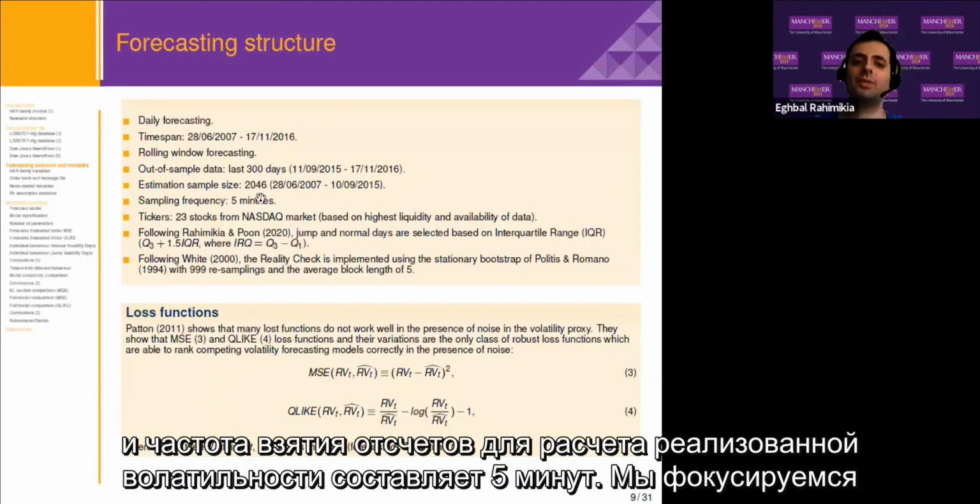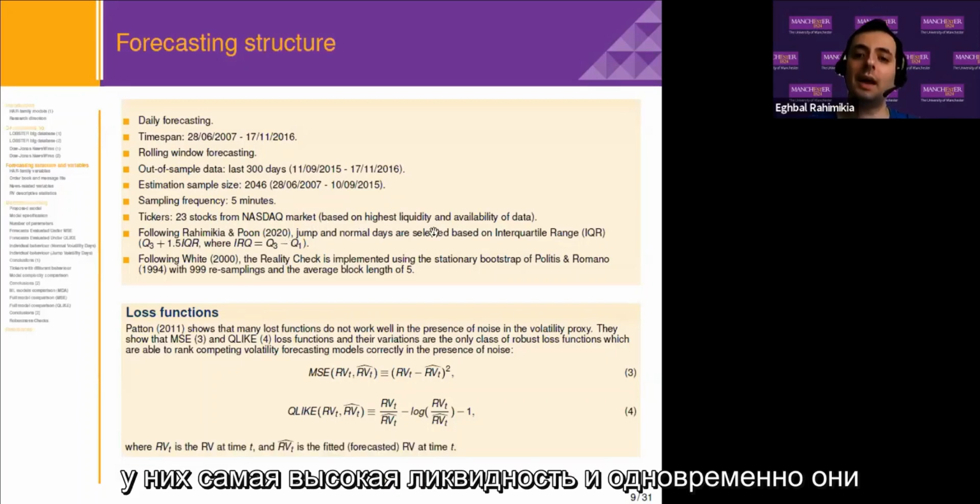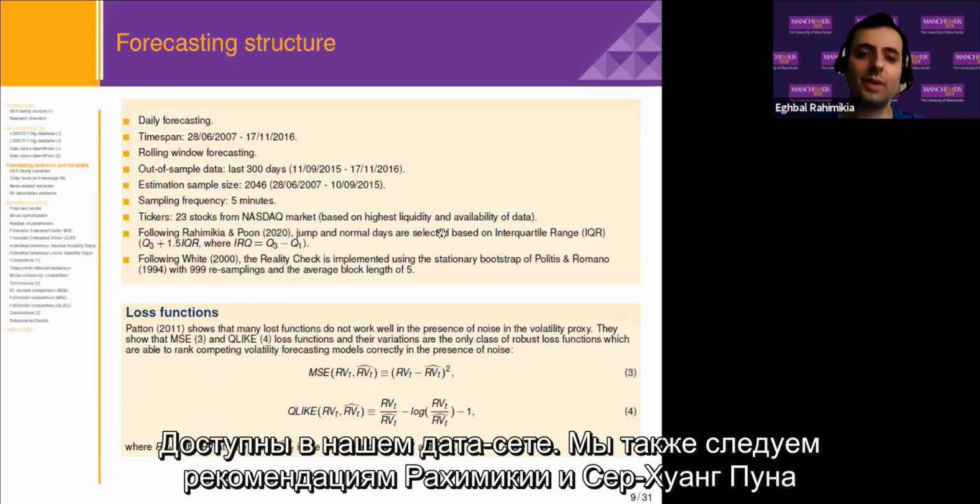Our sampling frequency for calculating realized volatility is 5 minutes. We are focusing on 23 stocks, or tickers, from the NASDAQ market, and these tickers are chosen based on having the highest liquidity and the availability of data.